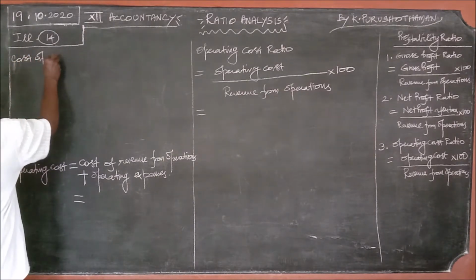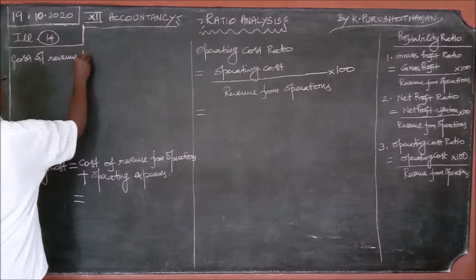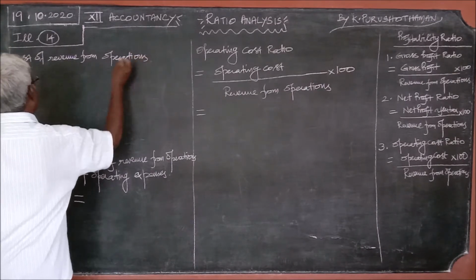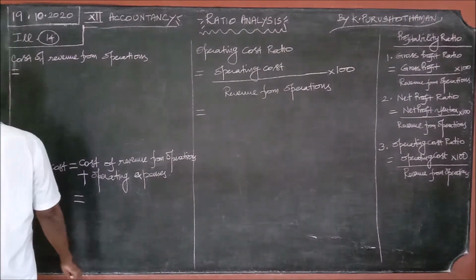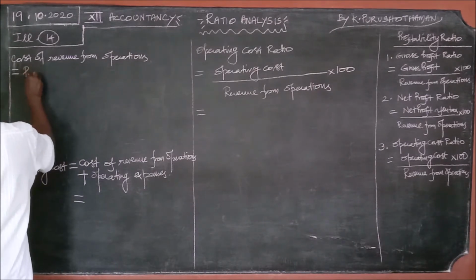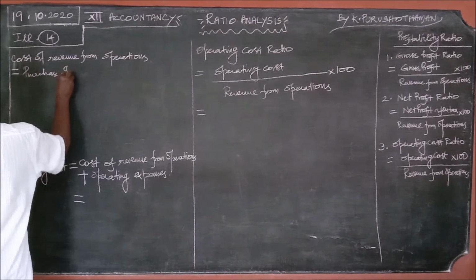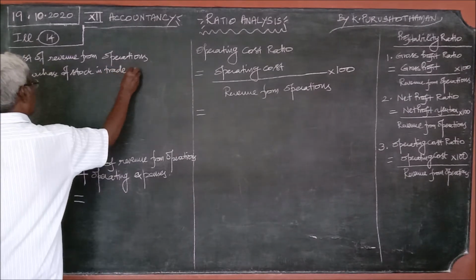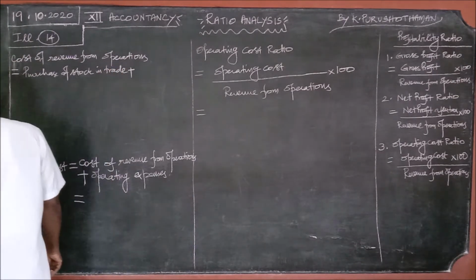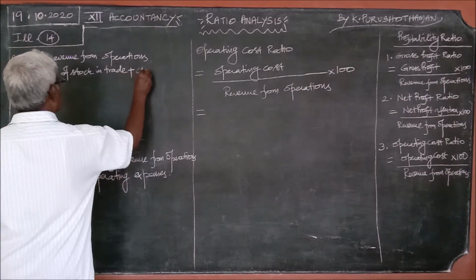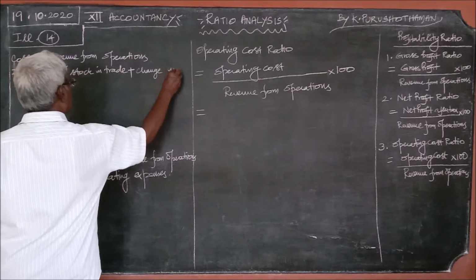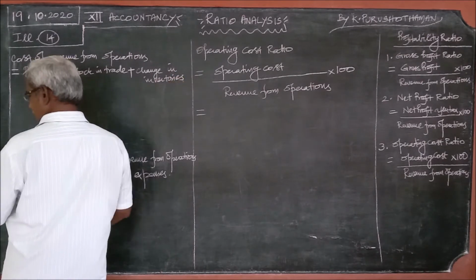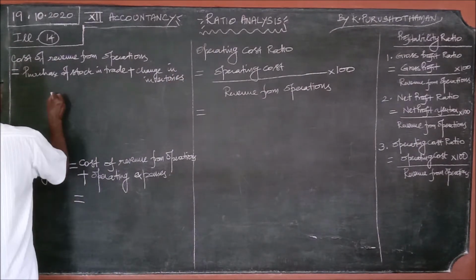Cost of revenue from operations is equal to the first item given in the problem, purchase of stock in trade, plus change in inventories plus direct expenses.